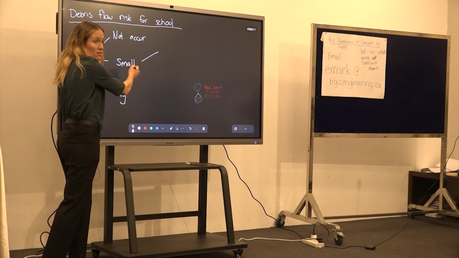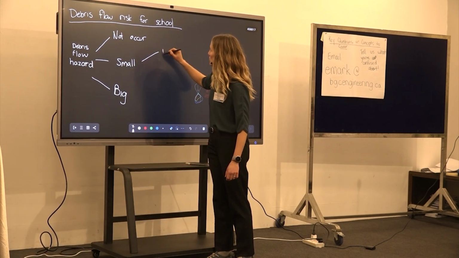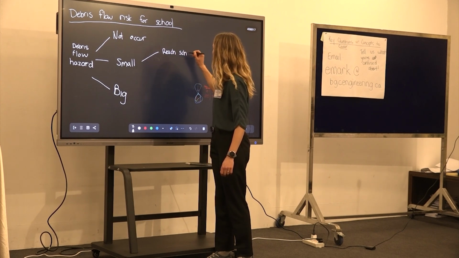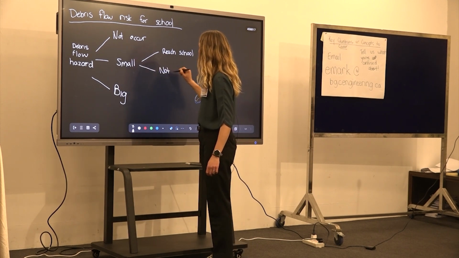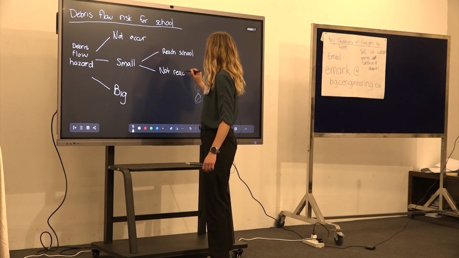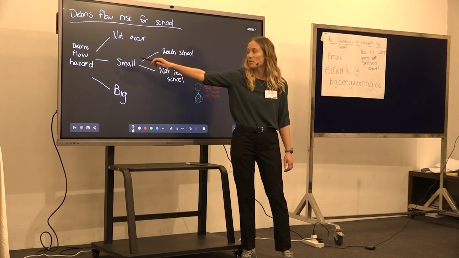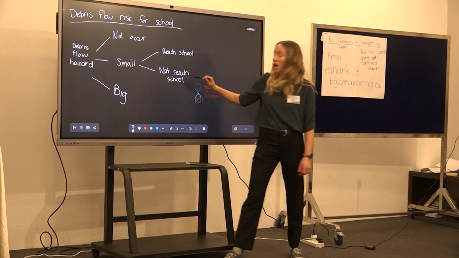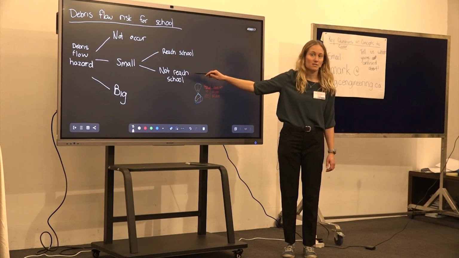The small event has occurred, and it could either reach the school or it could not reach the school. What is the risk if a small debris flow occurs and it does not reach the school? What's the risk of that scenario?